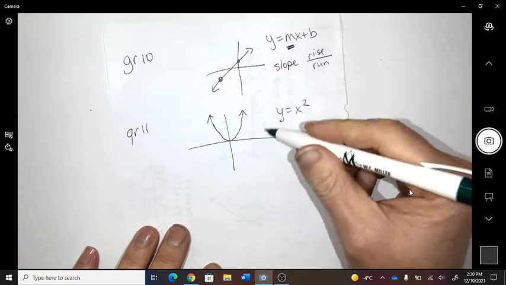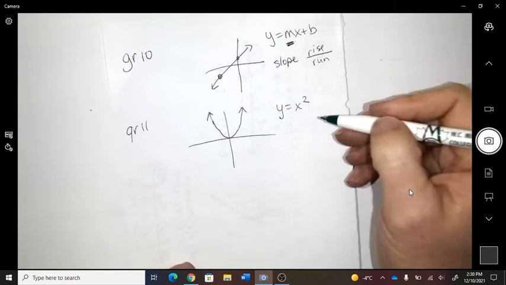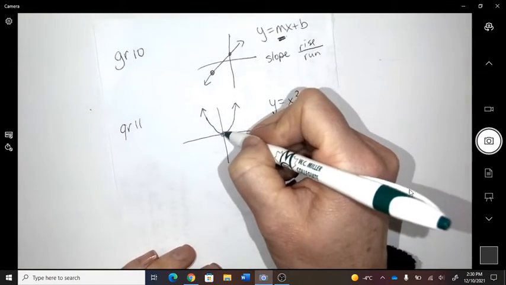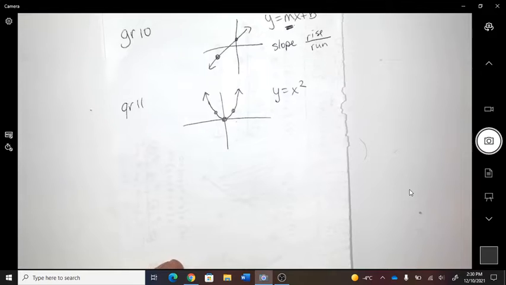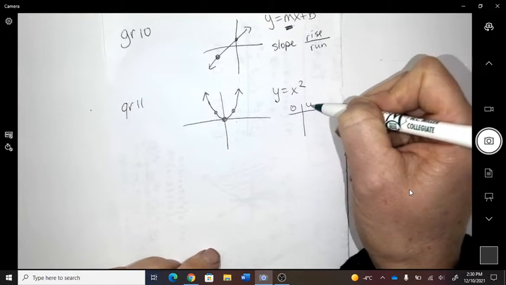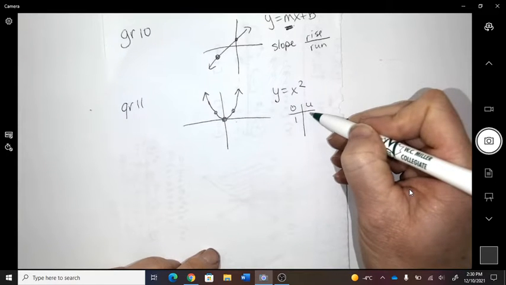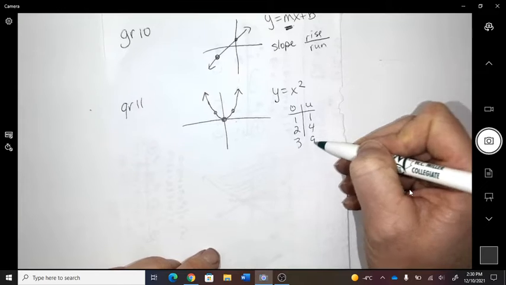How did we decide how to maneuver on a parabola? So how did I make points like that? The chart? There was a pattern? Over and up? 1 over, 1 up, 2, 4, 3, 9.